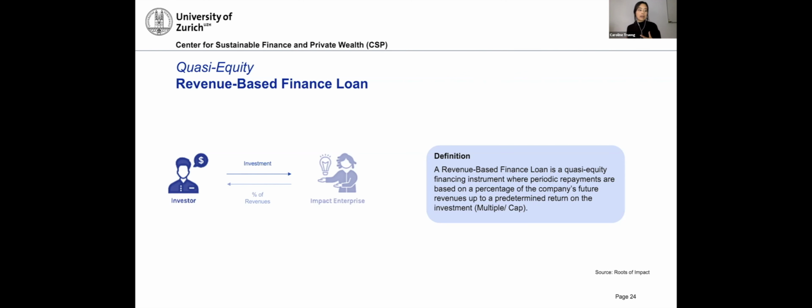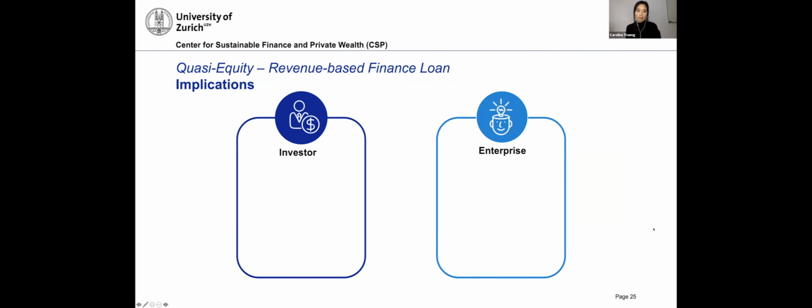So they usually have low revenues in the rainy season and higher revenues in the dry season. So what are the implications for the investor? The investor has a lot of flexibility because the structure of a revenue-based finance loan is quite simple.